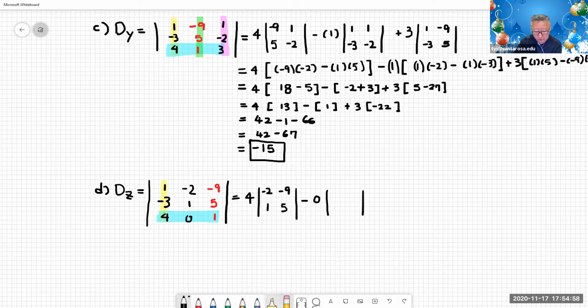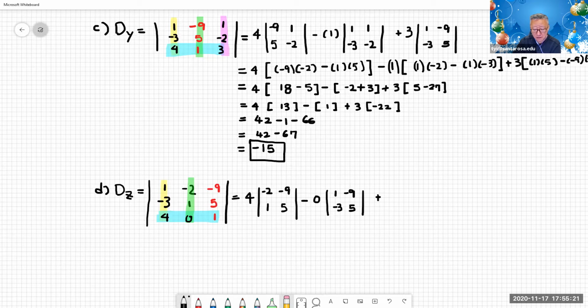And we are going to use the green color. So the remaining here is going to be 1, minus 9, minus 3, and 5. It doesn't matter because it's going to be multiplied by 0.